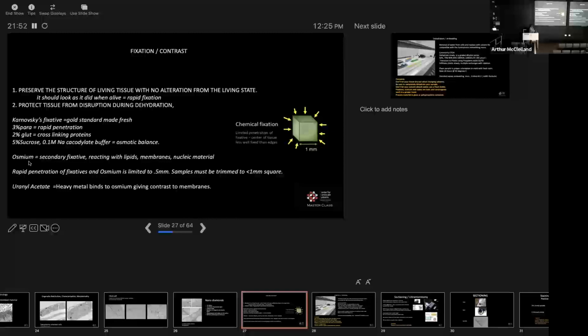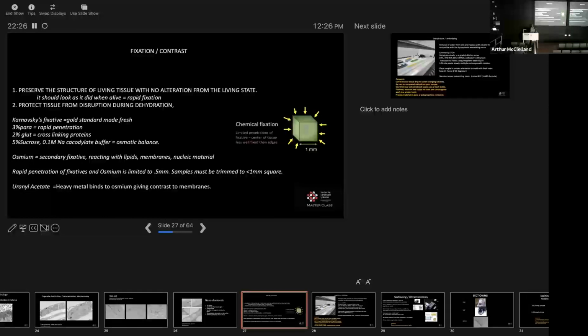So secondary fixation and the beginning of our contrast enhancement starts with osmium. It reacts with membranes, lipids, and other nucleic material for contrast. It is a very small molecule, rapidly penetrates the cell, but it's limited in how deeply it will penetrate into the material. So that's where we get to the size of your material you're trimming. If you are working with cultured cells, that's not such a big deal.